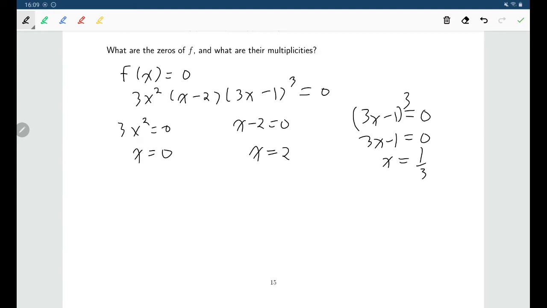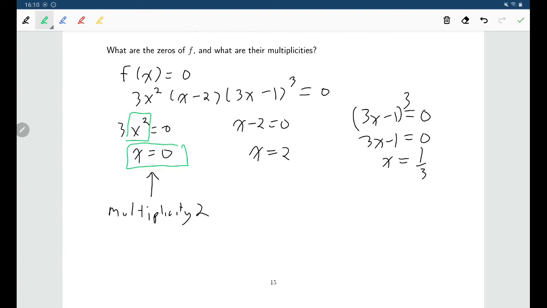And so for these zeros, for the first one, the multiplicity is 2. And the reason the multiplicity is 2 is because this solution, x equals 0, came from a factor whose power was 2.